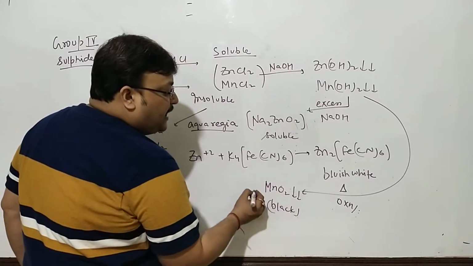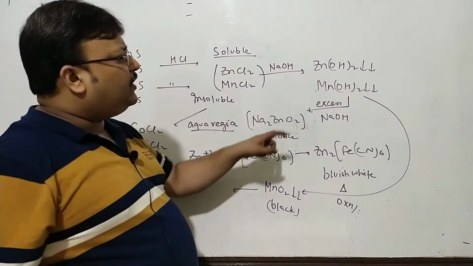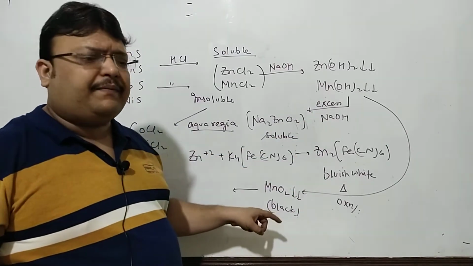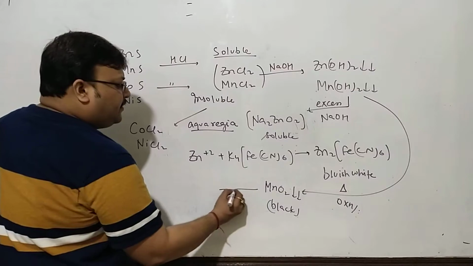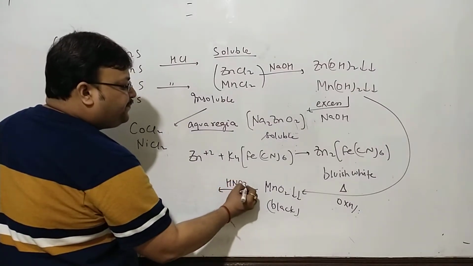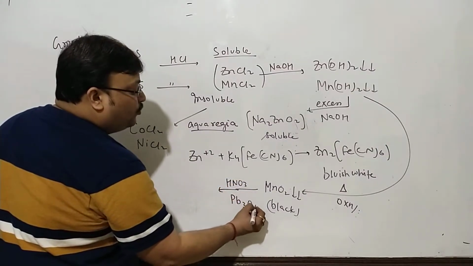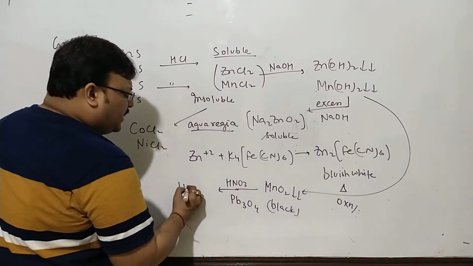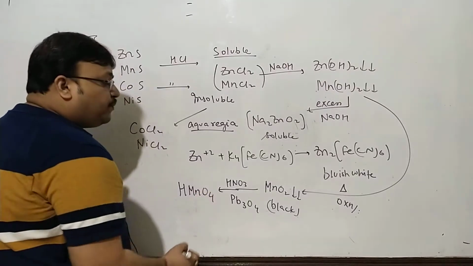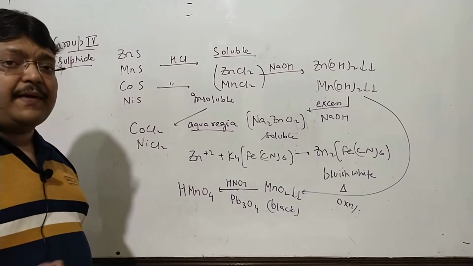Now this MnO2 black precipitate, either on heating manganese hydroxide or oxidizing manganese hydroxide, could be treated with nitric acid and red lead, Pb3O4. Both are oxidizing agents, and they would give you HMnO4, permanganic acid, the mother acid of potassium permanganate.